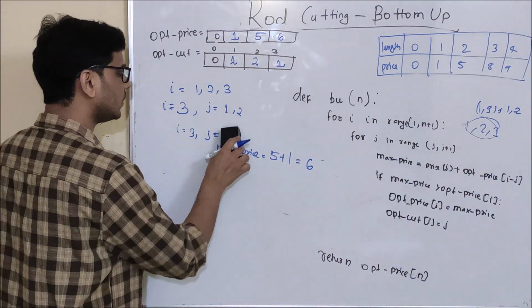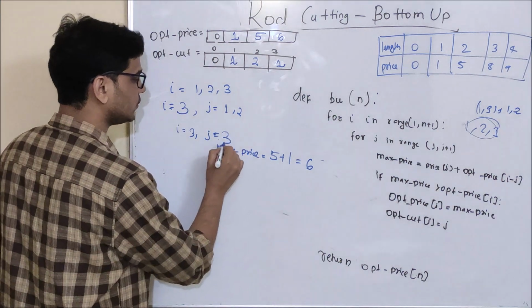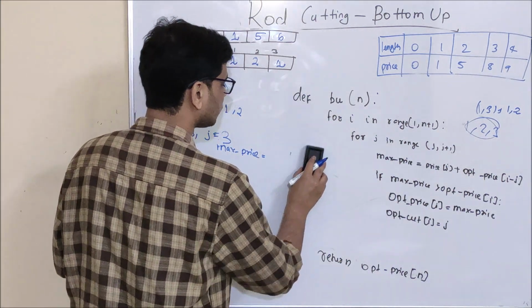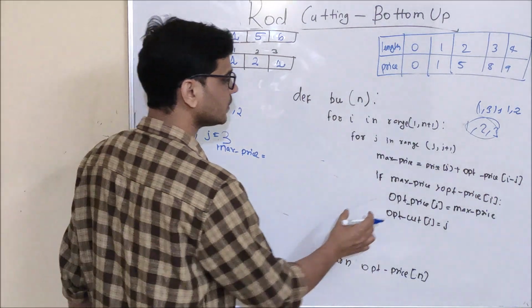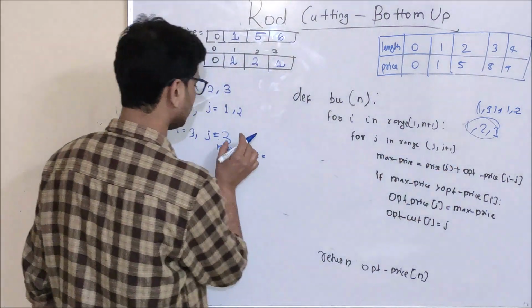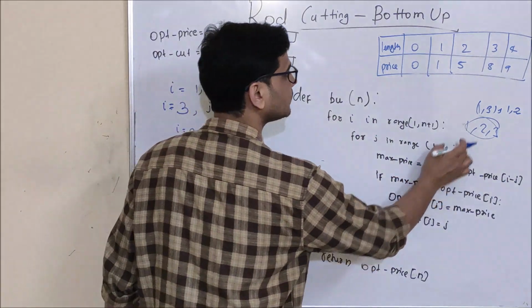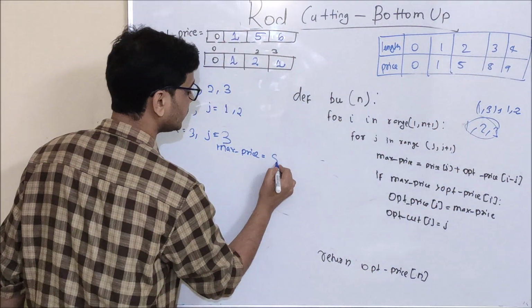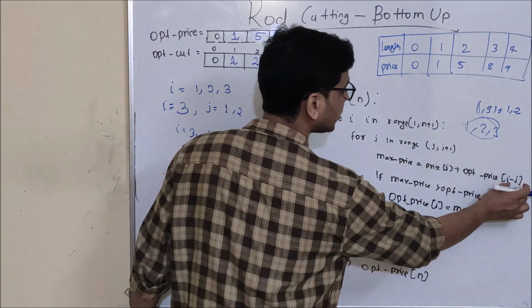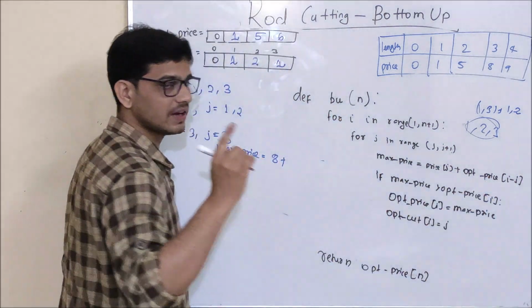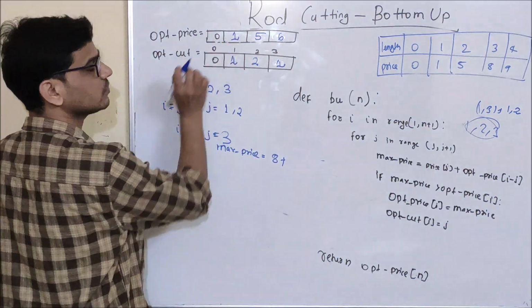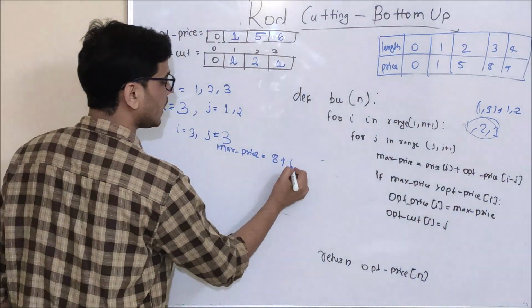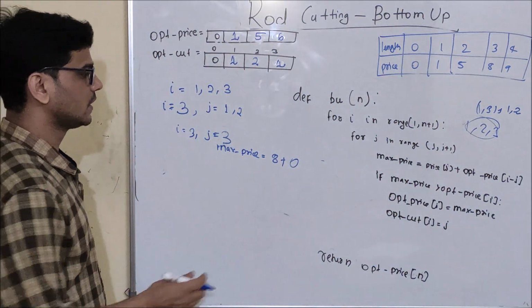Now what is going to happen? j will be changed to 3 and we will calculate max price again. And as you can see, we will give it a 3 meter cut. So price of 3, it is 8, plus opt price of 3 minus 3, as I is 3 and j is 3. So opt price of 0, and it is 0.